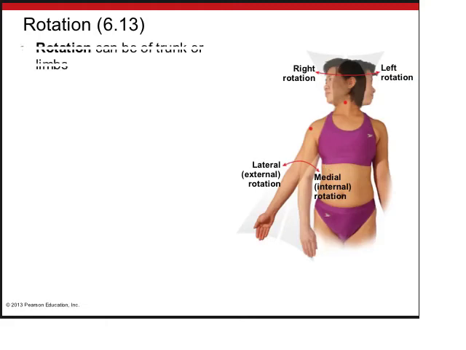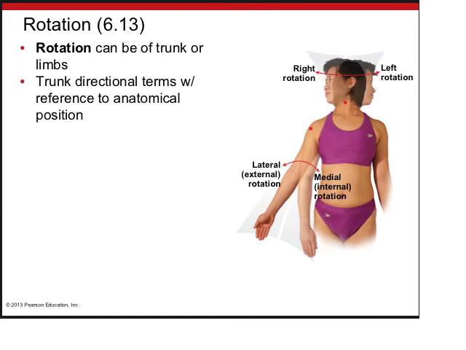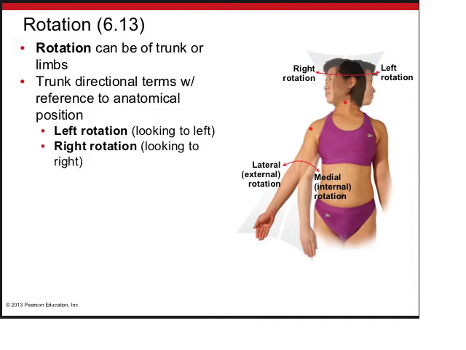Now, rotation can be at the trunk or at the limbs. The trunk has directional rotation. We can rotate laterally or we can rotate medially. And again, this is all with reference to anatomical position. Left rotation would be looking to the left. Right rotation would be looking to the right.